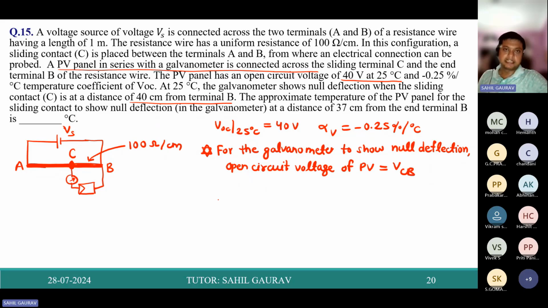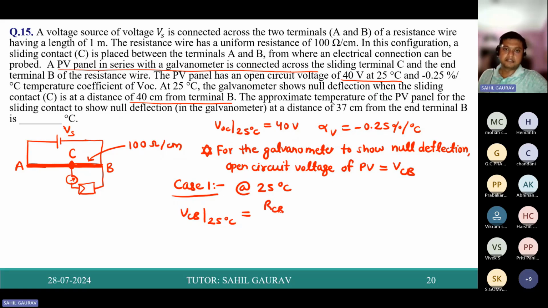So the first case, as given, at 25 degrees Celsius, VCB equals VOC at 25 degrees Celsius, because it is showing null deflection at this point.